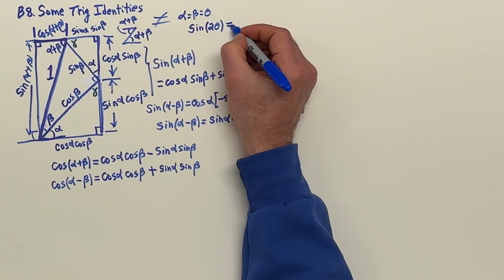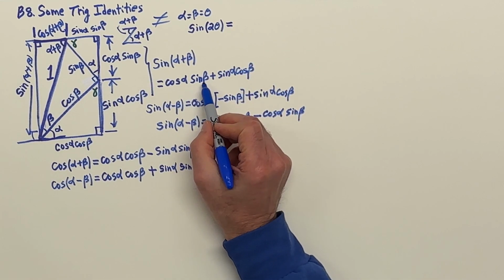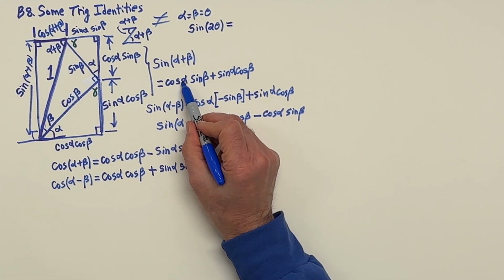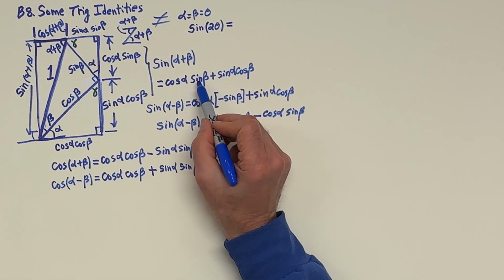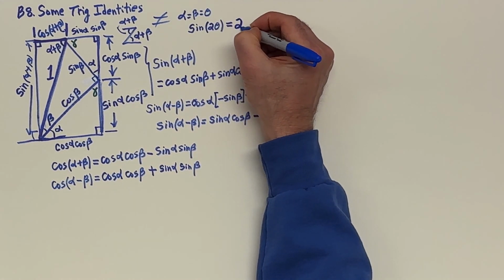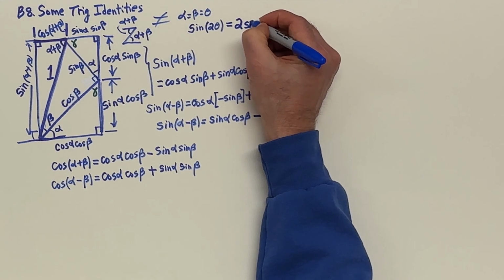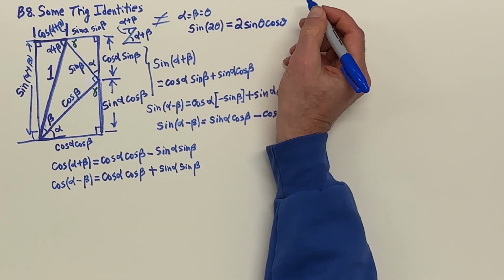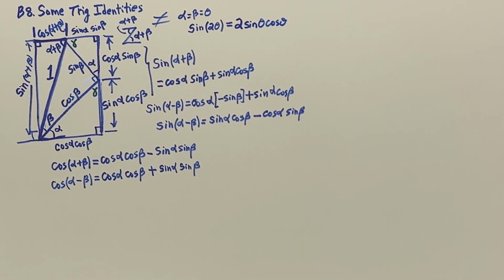That's going to equal, if alpha and beta are thetas, a cosine theta times a sine theta, and another sine theta cosine theta. So you're going to get 2 of them. I'll write the sine first, 2 sine theta cosine theta. That's another trigonometric identity that's very, very handy.